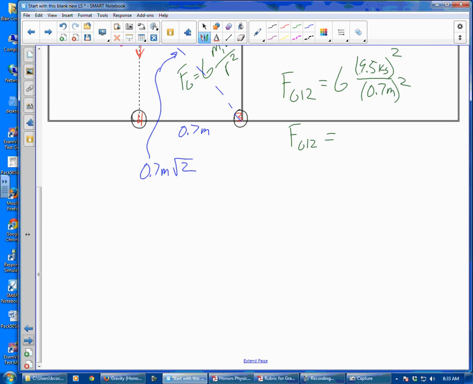So when I figure out FG13, I still have big G in there. I still have the same masses, 9.5 kilograms squared, but now the distance between them is 0.7 meters, square root of 2 quantity squared. Kind of interestingly, when I square that, square root of 2 squared is 2.